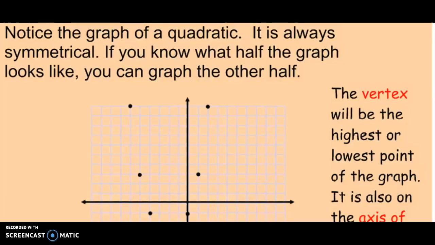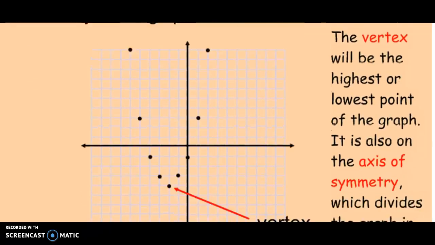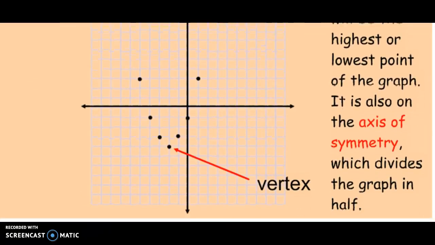If you graph a quadratic, it is always symmetrical. If you know what half of the graph looks like, you can do the other half. So if we know where the vertex is, which is right here, right where it turns, we could draw a line going through the vertex that's going to cut our parabola in half. And that's your axis of symmetry.